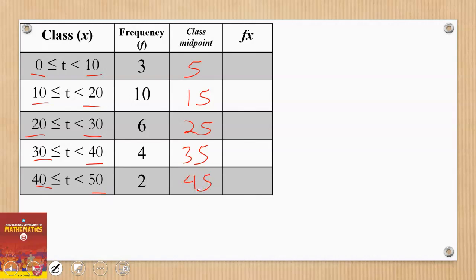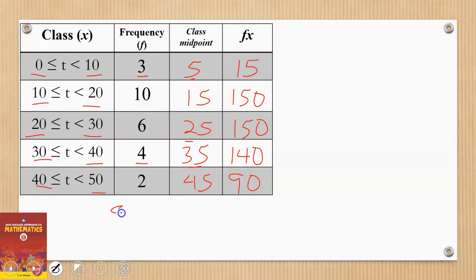Then we find our fx. So I multiply this and this, I have 3 times 5, 15. Then this will give me 150. Then 6 times 25 also gives us 150 again. 4 times 35, we double 35, double it again, that will be 140. And then finally, we have 45 times 2 is 90.